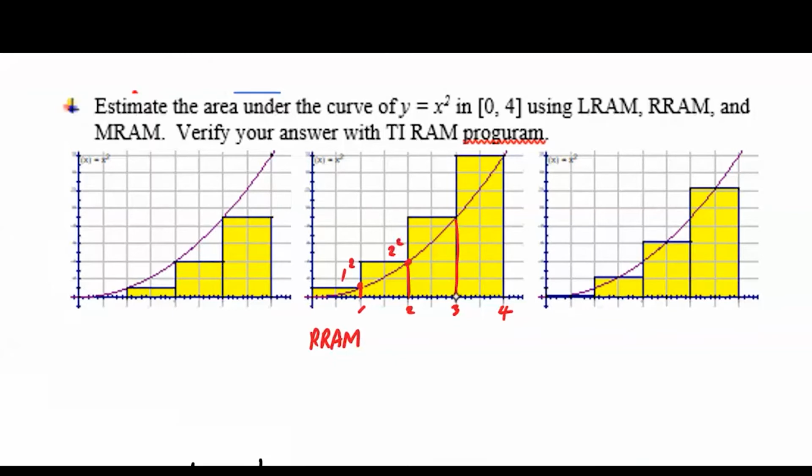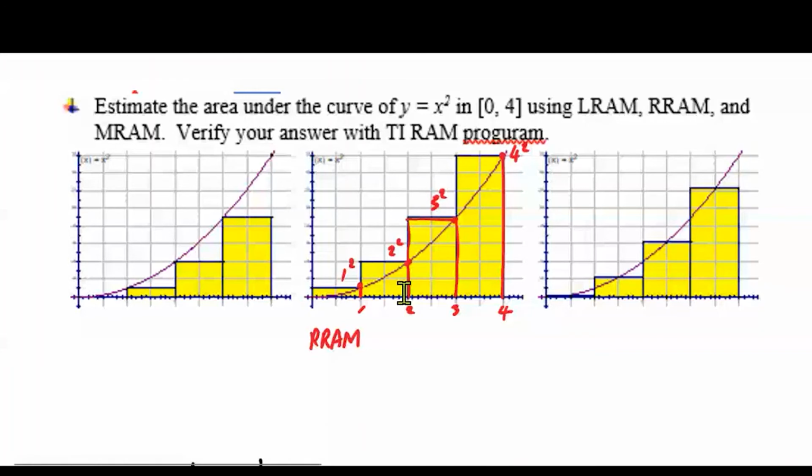Too much algebra? This one right here is 3 squared, and this one right there is 4 squared, isn't it? So the way you draw this rectangle is you plot these points, vertically draw the lines, and draw these things to the left like this. From that point you draw it to the left, so the right corner is touching the curve. For that reason, this is known as the right rectangle approximation method.